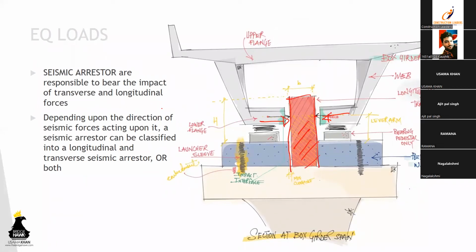So depending upon what direction of forces they are actually resisting, they are called transverse seismic arresters or longitudinal seismic arresters. Many times you can also have a seismic arrester which is resisting earthquake loads in both the directions. It is doing the job of a longitudinal as well as a transverse seismic arrester. So that would be called, of course, a transverse and longitudinal seismic arrester.